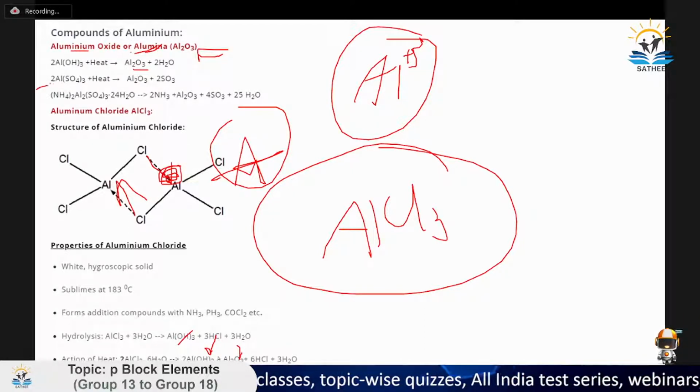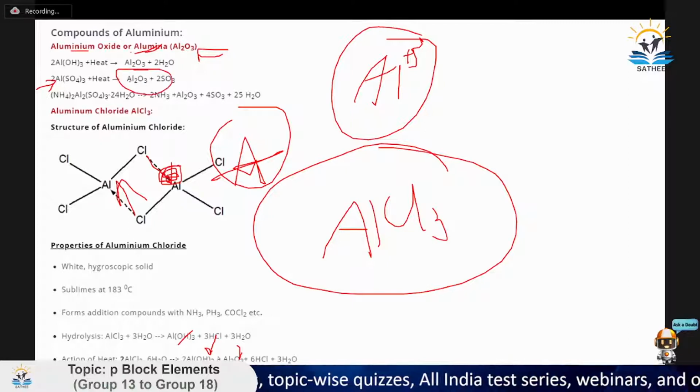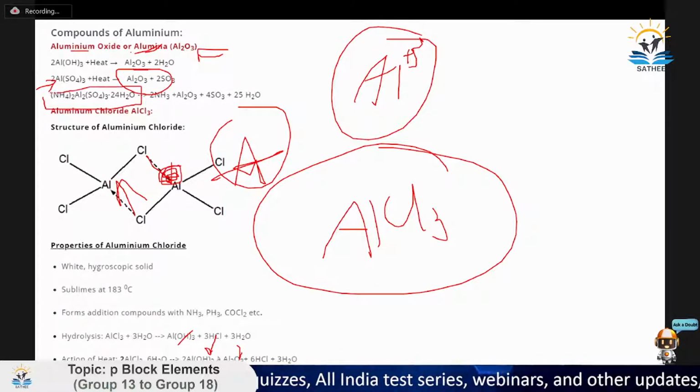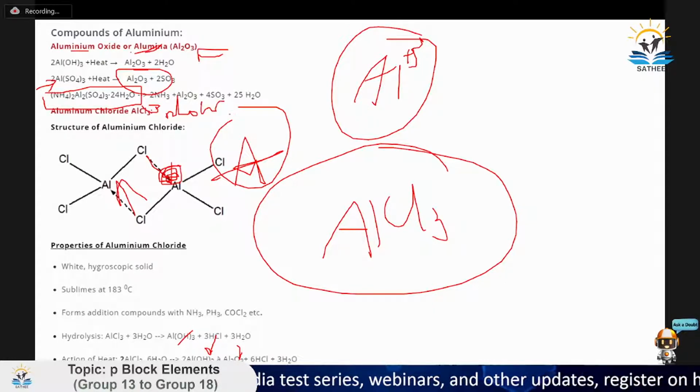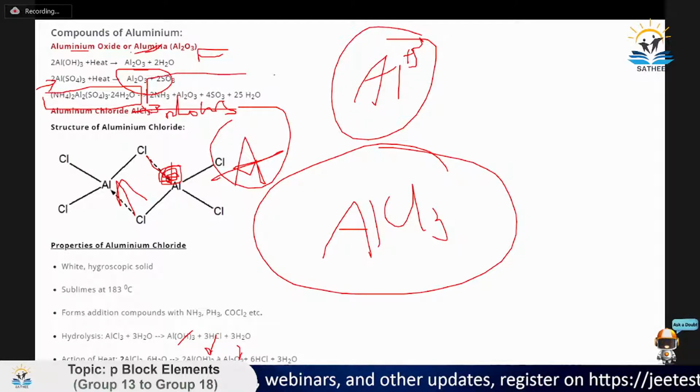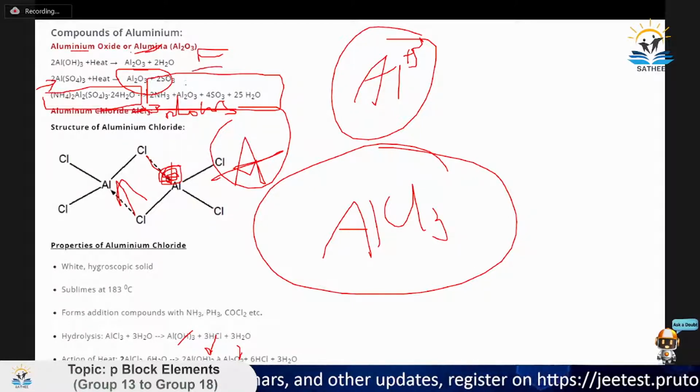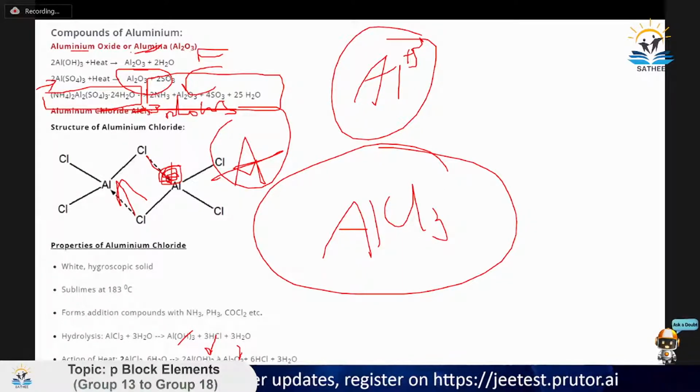There is also Al2(SO4)3, meaning aluminium sulfate, and this big compound, I think this is a salt. Using this big compound, you will basically get a set of compounds, one of which is Al2O3. So I hope it's clear.